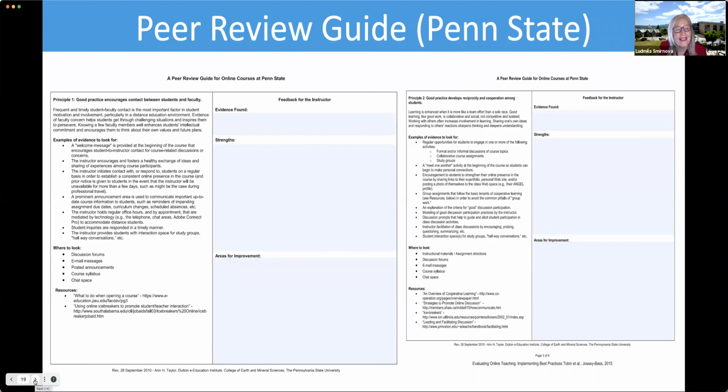That's why we spoke about principles of good practice: they use all 7 principles of good teaching in their course evaluation.